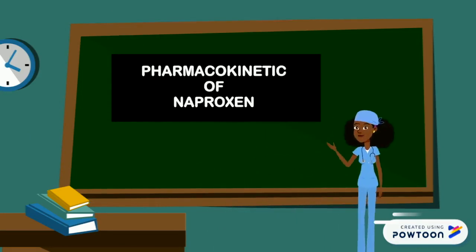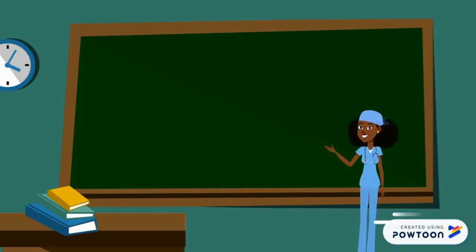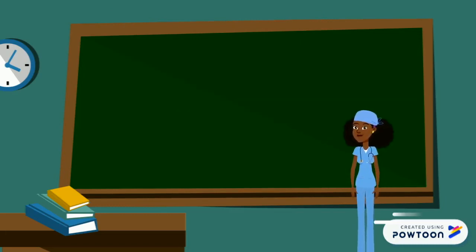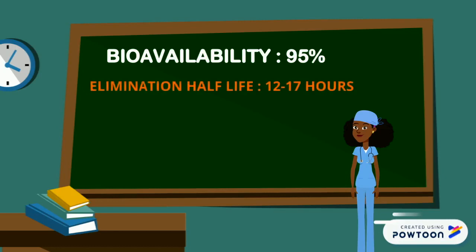The pharmacokinetics of naproxen is that it is rapidly and completely absorbed from the gastrointestinal tract with an in vivo bioavailability of 95%. The elimination half-life of naproxen ranges from 12 to 17 hours. Steady-state levels of naproxen are reached in 4 to 5 days.